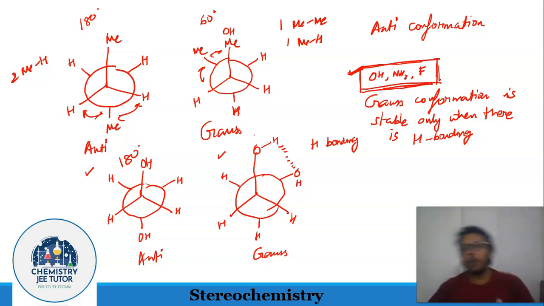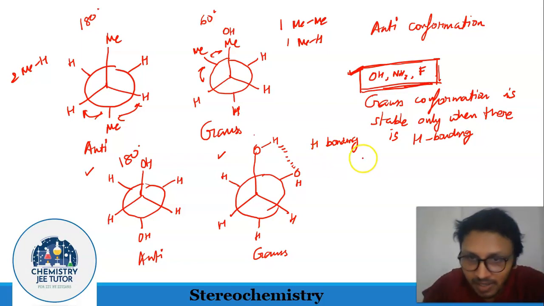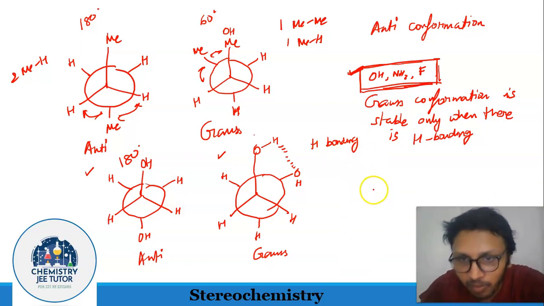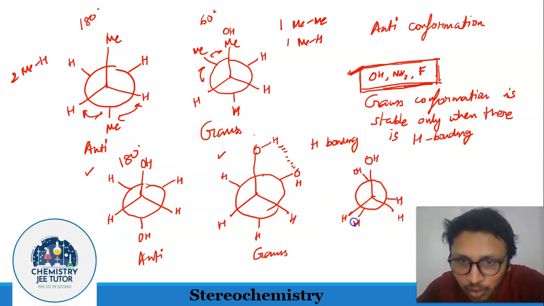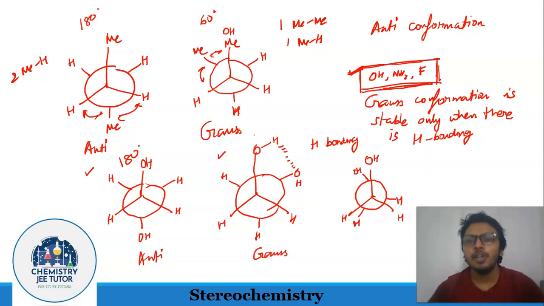Before wrapping up Newman projection, another question that arises is when you have a fully eclipsed conformation, suppose of the same molecule. Many students ask, sir, in this conformation also hydrogen bonding is possible. Absolutely right. This conformation also can show hydrogen bonding.